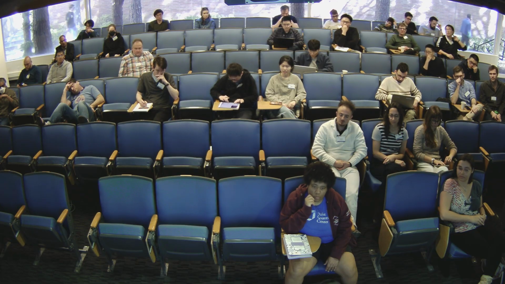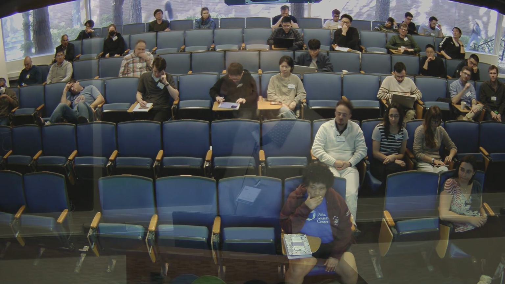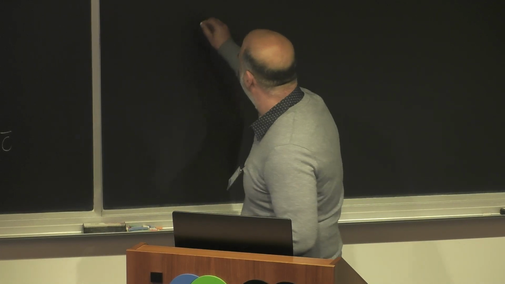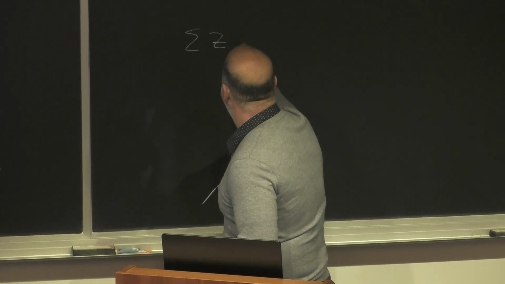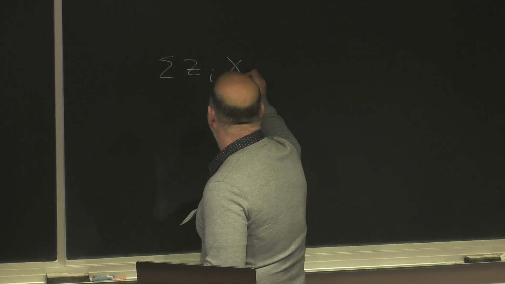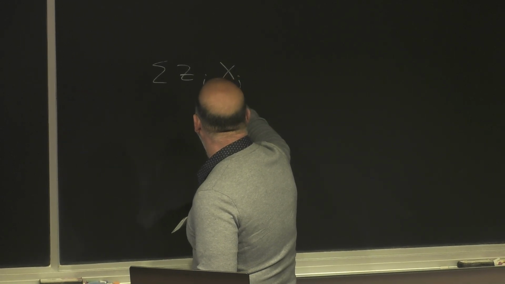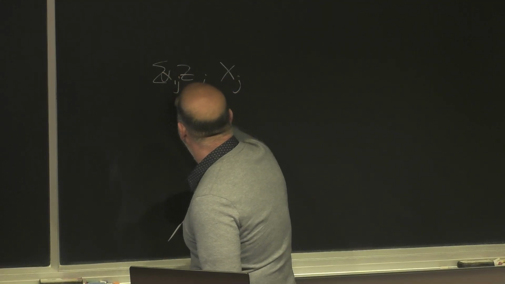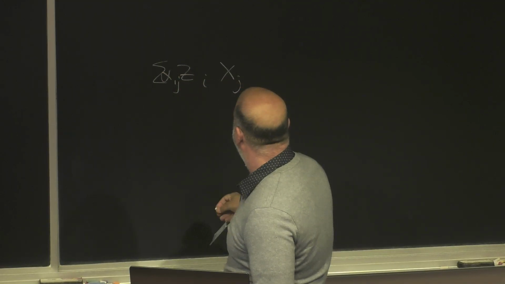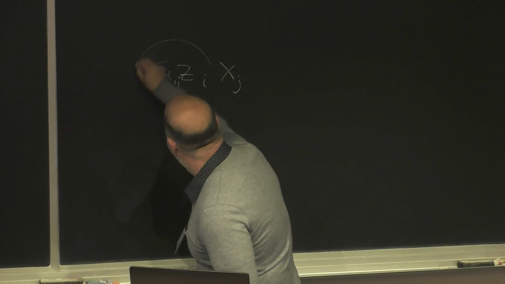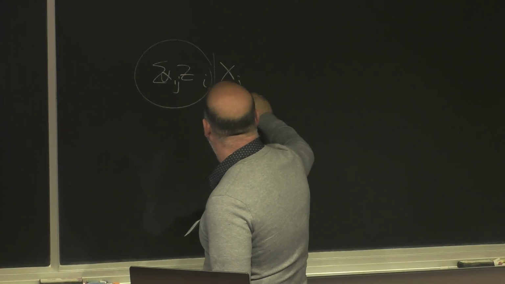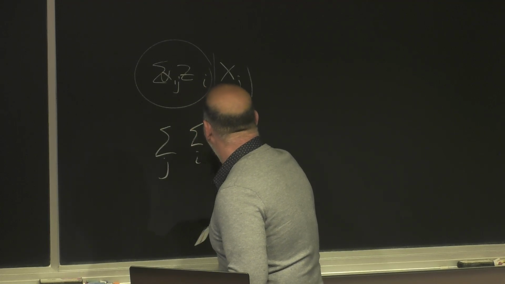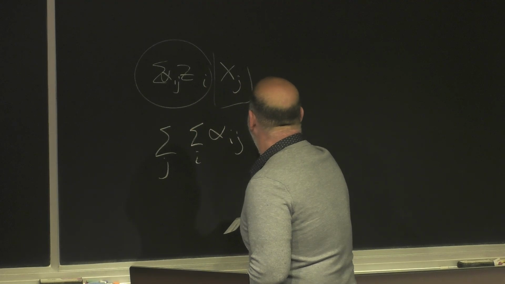So it's true, yes. For example, I could have a situation where I have a sum over i and j of alpha_ij Z_i X_j, and so essentially we'll have a bunch of terms.